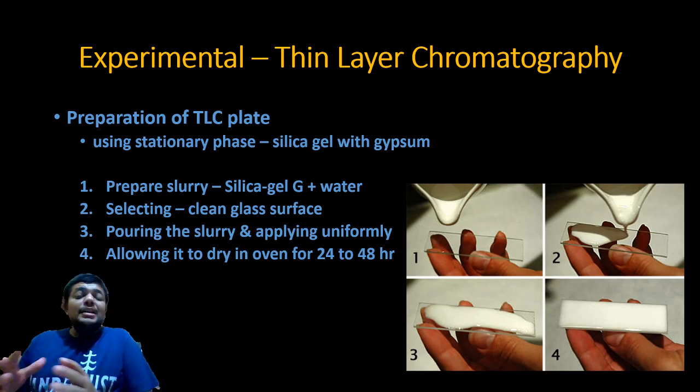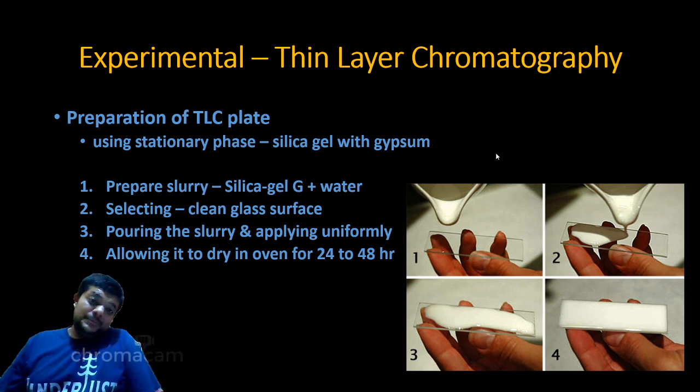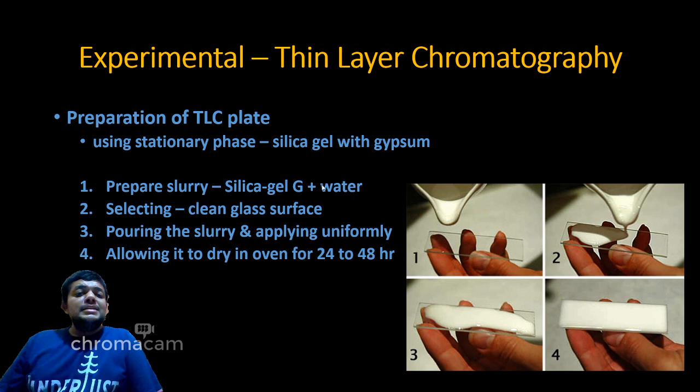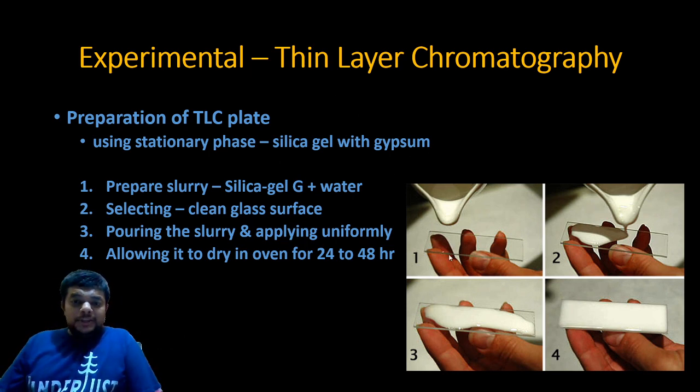Friends, the thin layer chromatography experiment is a superb experiment. You need to prepare a TLC plate on which the experiment is conducted. Preparation of a TLC plate uses a stationary phase, silica gel with gypsum as a binder. In the first picture, we are taking a small piece of glass and applying to it a slurry, a paste of silica gel and water.